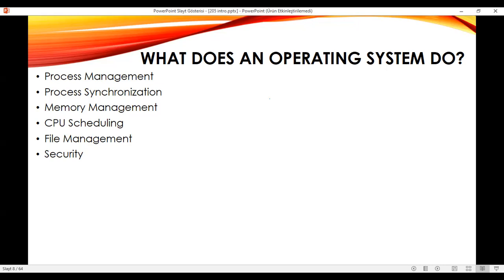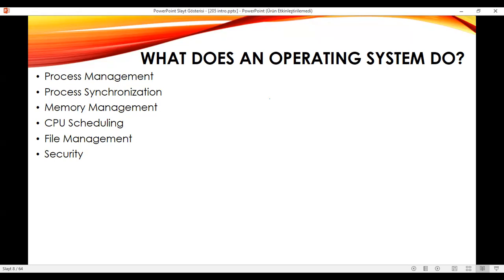Later I will explain more, but the main aim of a computer system is to keep the CPU always busy, because the CPU is the most important part of a computer system.